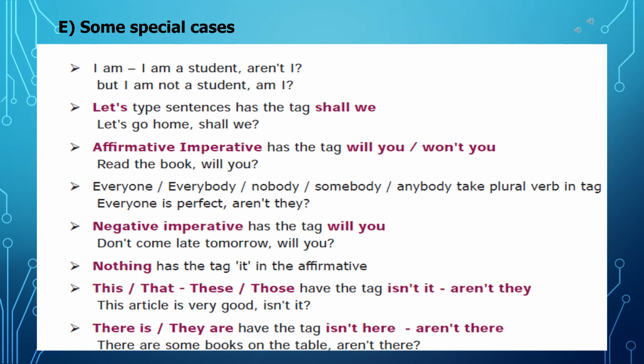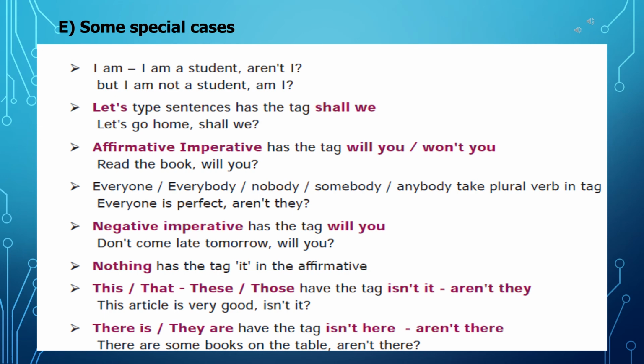Everyone, everybody, nobody, somebody, anybody take the plural verb in the tag. For example, everyone is perfect. Everyone tells us about plural, so we need to add the word they. Everyone is perfect is a positive statement, so we need to make it into a negative tag. Aren't they?